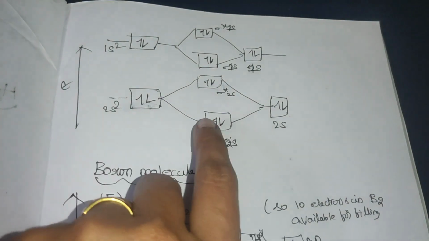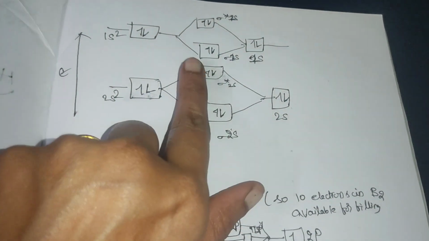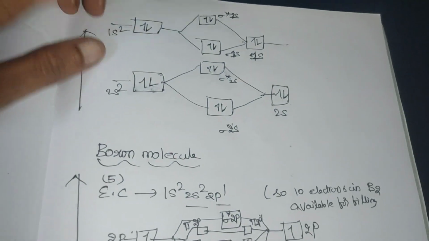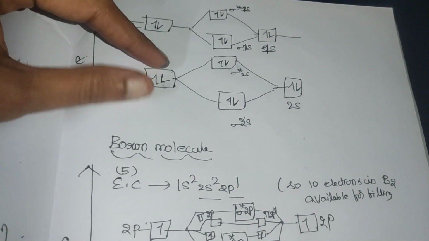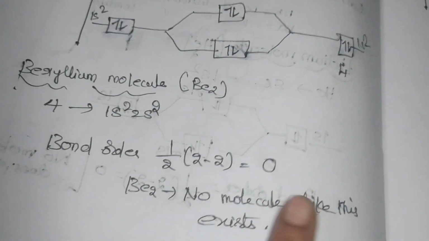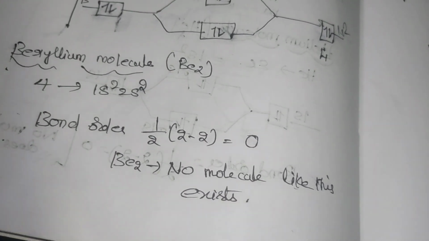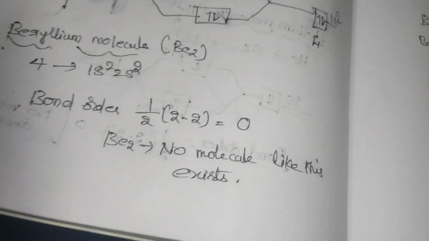The 2s also react to form bonding and anti-bonding molecular orbitals. Here we can take the outermost shell, so 2 minus 2. Half into 2 minus 2, so the bond order is 0. When the bond order is 0, it will not exist. So the beryllium Be2 molecule will not exist.